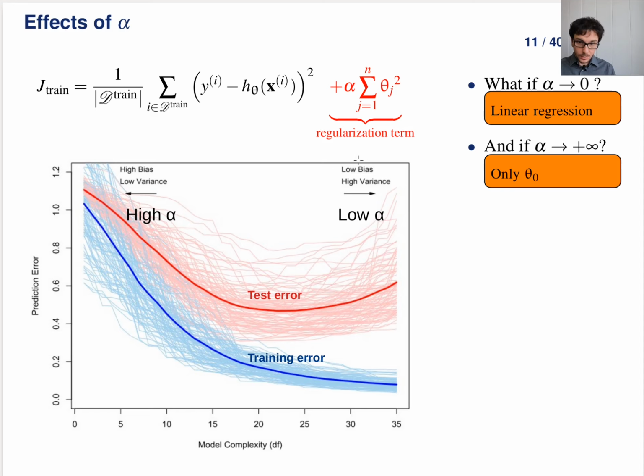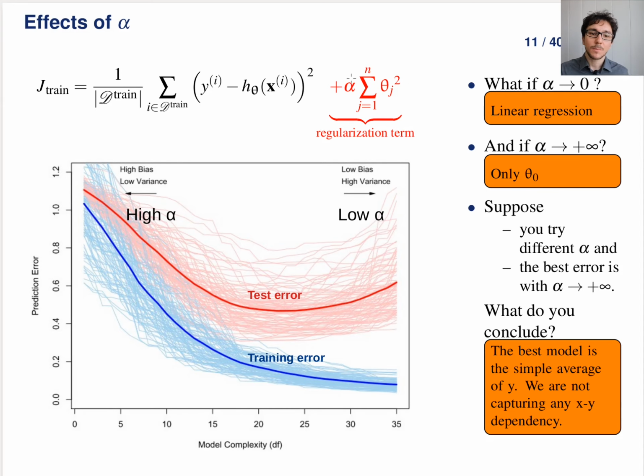Observe that in the extreme case where alpha is equal to 0, this term doesn't exist at all, and we are just performing ordinary linear regression. While if alpha is equal to infinity, or a very big number, when you minimize the loss function you are just ignoring the first term, the error term. So at the end, you will force all the parameters to be 0, except the bias term theta 0.